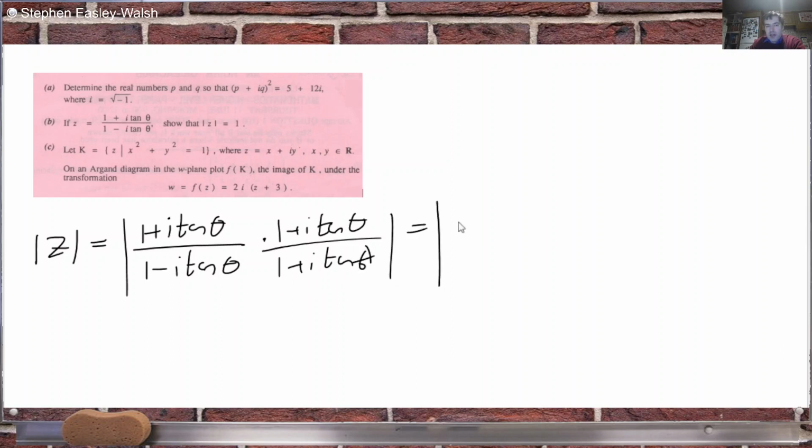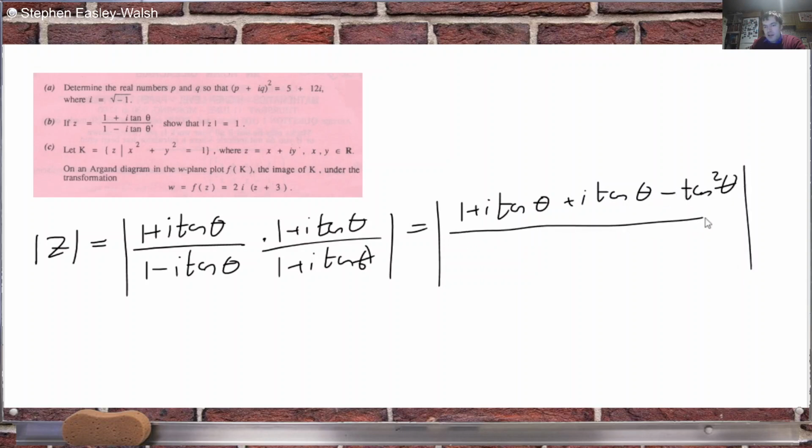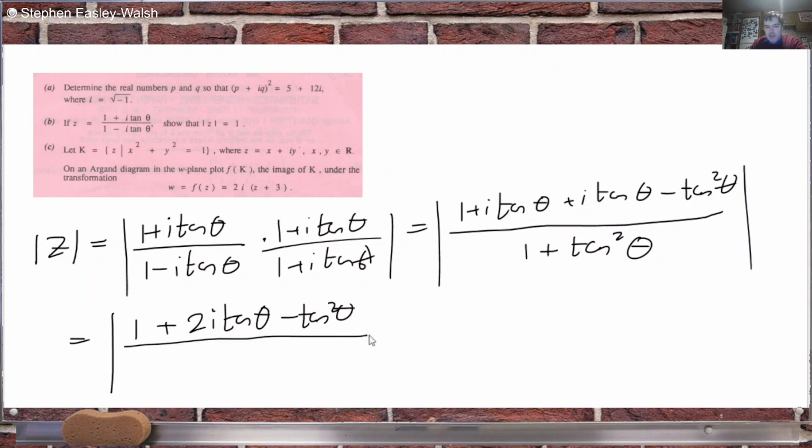So that's going to be the modulus of 1 plus i tan theta plus i tan theta minus tan squared theta all over 1 plus tan squared theta. So that's the modulus of 1 plus 2i tan theta minus tan squared theta over 1 plus tan squared theta.